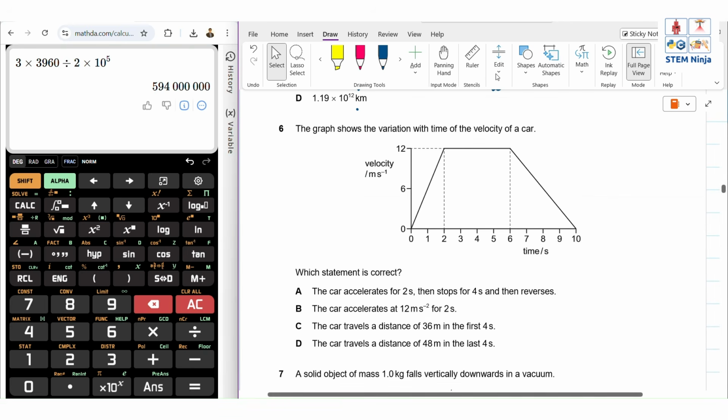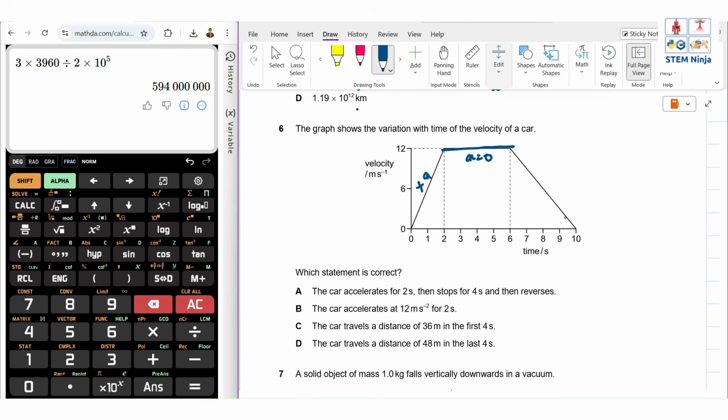The graph shows the variation with time of the velocity of the car. Okay, let's first examine this. A constant rate of velocity increase is positive acceleration. Velocity constant in this part over here means acceleration is 0. Velocity decreasing uniformly means negative acceleration, or deceleration. The option says the car accelerates for 2 seconds, then stops for 4 seconds, then reverses.